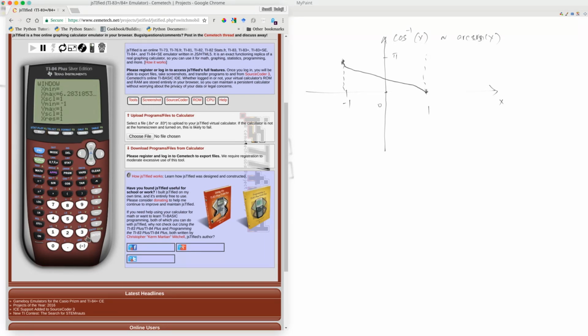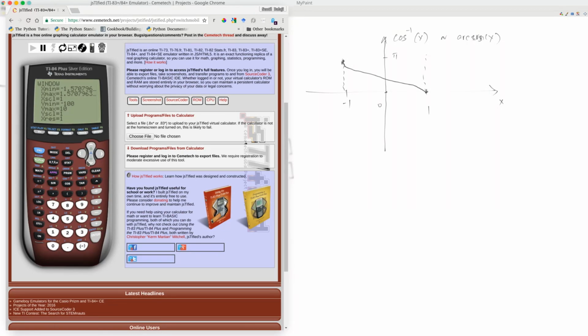We know it is between negative pi over 2 and pi over 2, so that is the domain of a tangent function, so I will have negative pi over 2 and positive pi over 2. And the range is between negative infinity to infinity, so I'm just going to set it to a really large value.